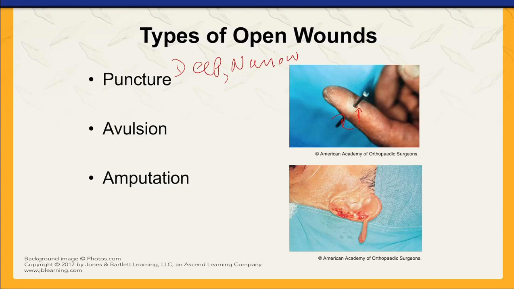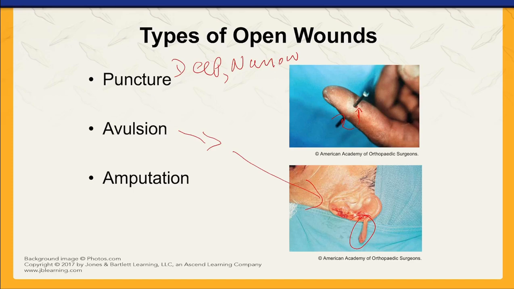The next thing we have is an avulsion. An avulsion is when you have tissue that's just been ripped off, torn off. So when you have a flap of skin that's torn and loose, we call that an avulsion. The next one is what we call an amputation.